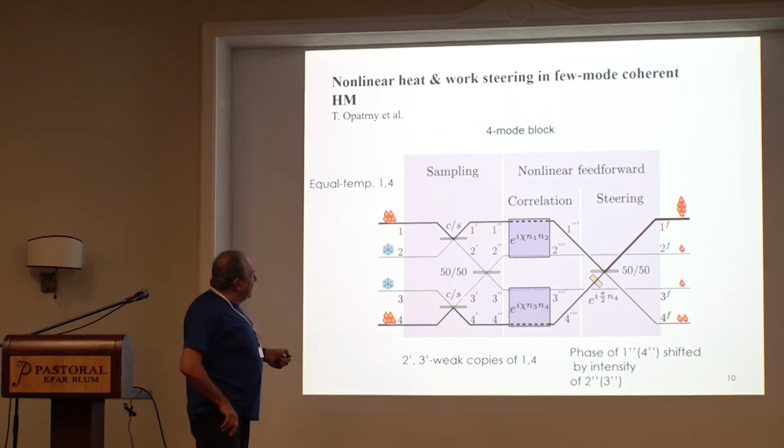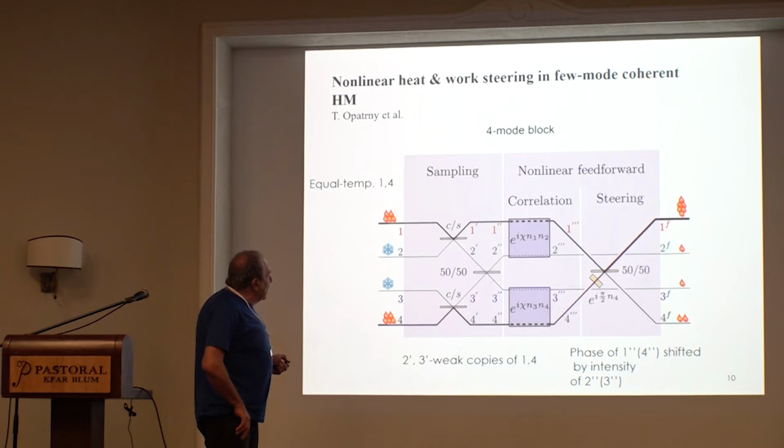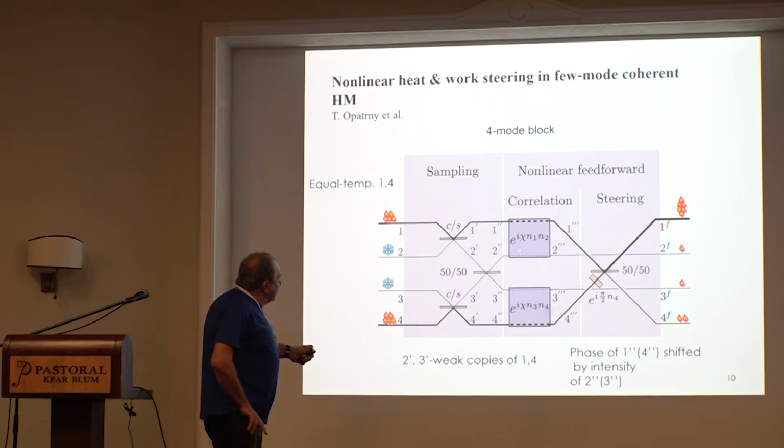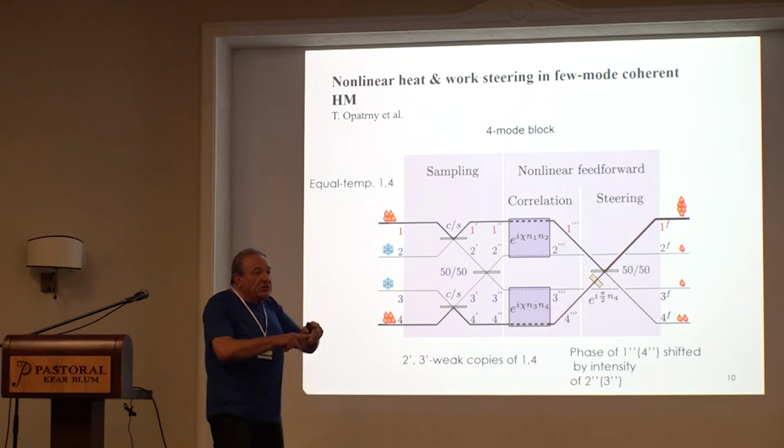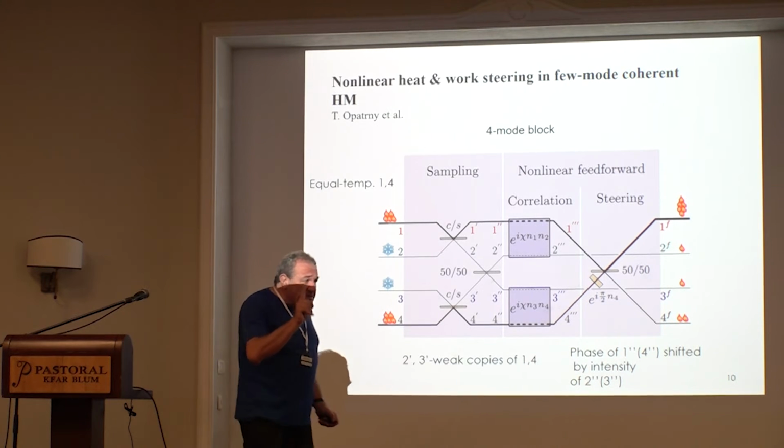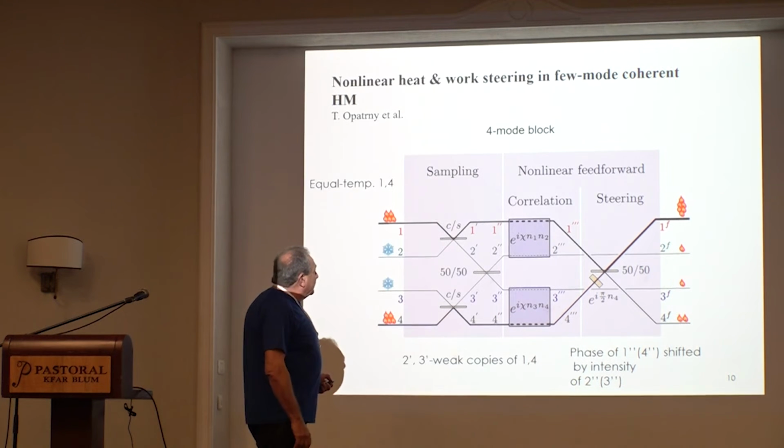This cold mode becomes the replica of this hot mode, and then they mix at a 50-50 beam splitter, and what you get then inside the cross-Kerr couplers is something which depends on the other hot mode. So the hot mode 1 is mixed with something which depends on hot mode 4 and vice versa. And so they become correlated. Not necessarily entangled, but definitely correlated.